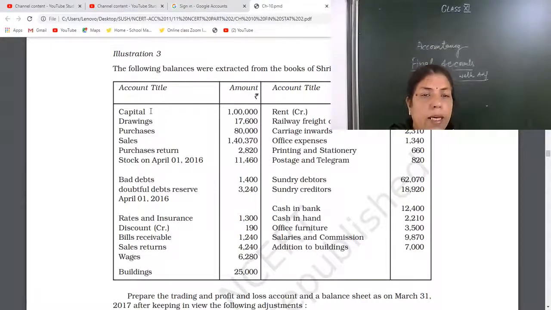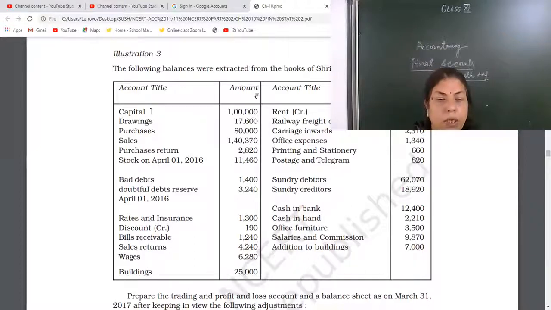Be careful. Capital, liability side of balance sheet. Drawings should be subtracted from the capital. Purchase, sales, trading account. Purchase return should be subtracted from purchase. Opening stock, debit of trading. Bad debts, debit of P&L. Bad debts reserve, this is old.